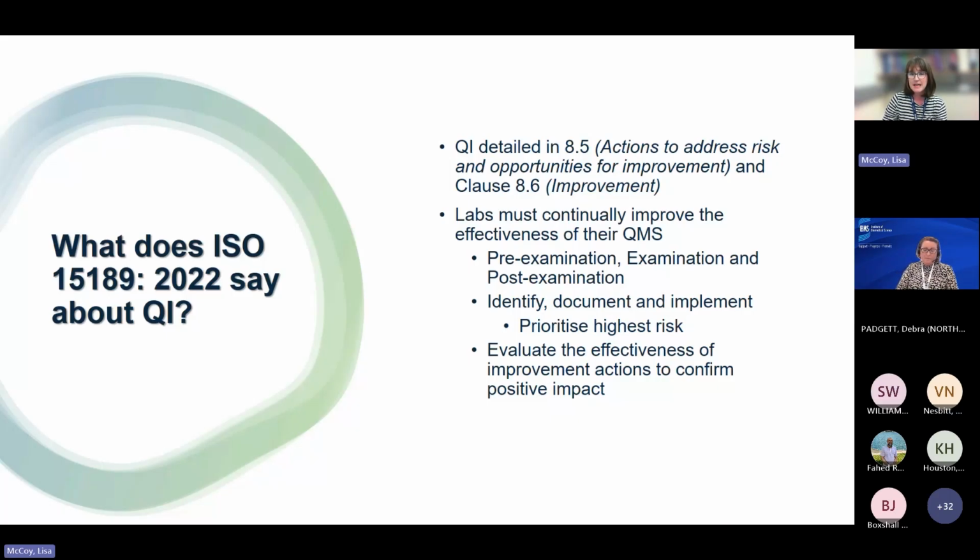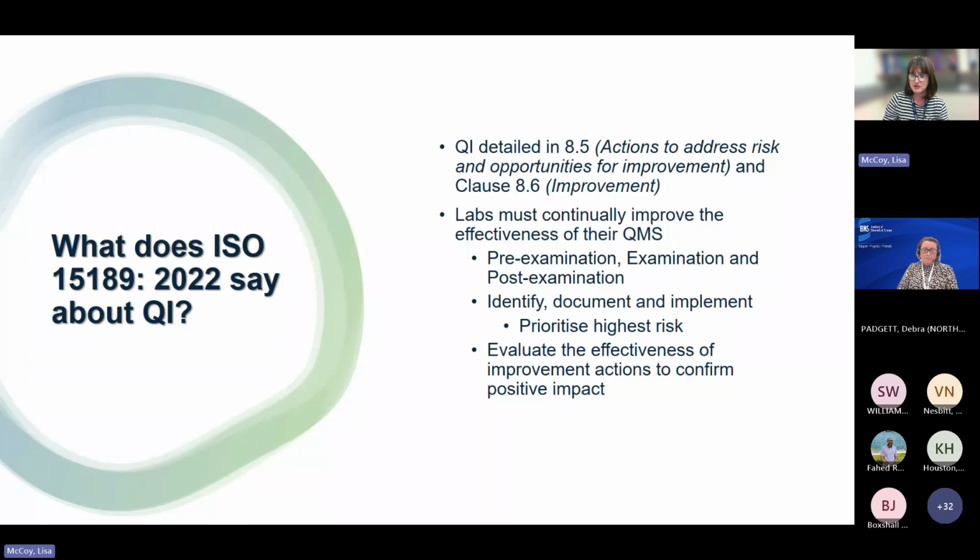So basically, labs must continually improve the effectiveness of their quality management system. They need to be actively looking at the pre-exam, the examination and post-examination phases to identify areas for improvement. These would need to be documented and action plans implemented. And as with all things, priority assigned to those activities with the highest risk.